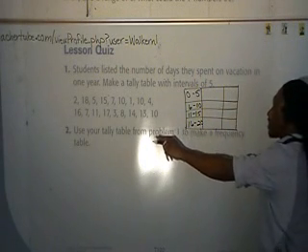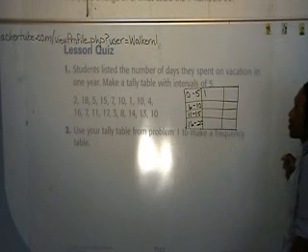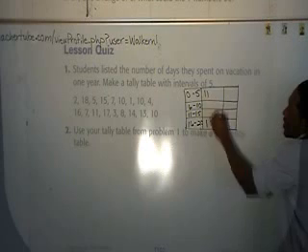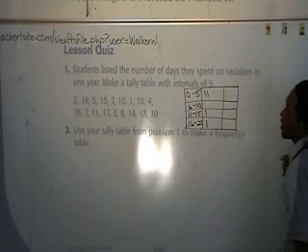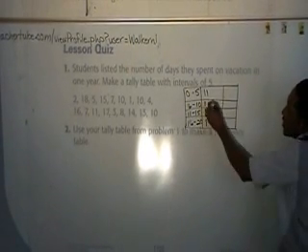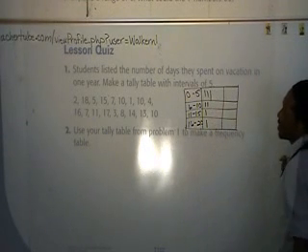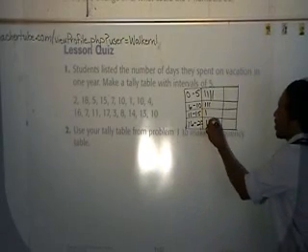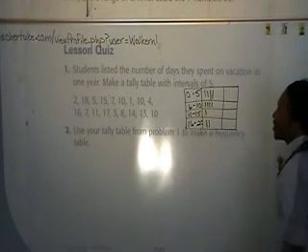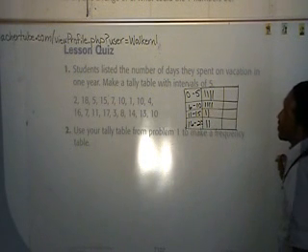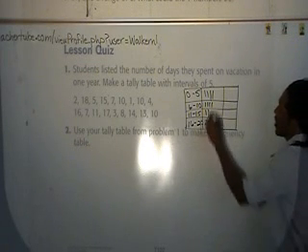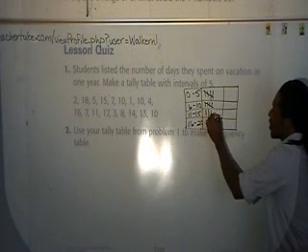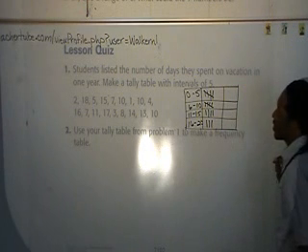So, looking at our data, 2 will go there. We'll put a tally mark. 18 here between 16 and 20. 5, 15, 7, 10, 1, 10 again, 4, 16, 7, 11, 17, 3, 8, 14, 13, and 10.